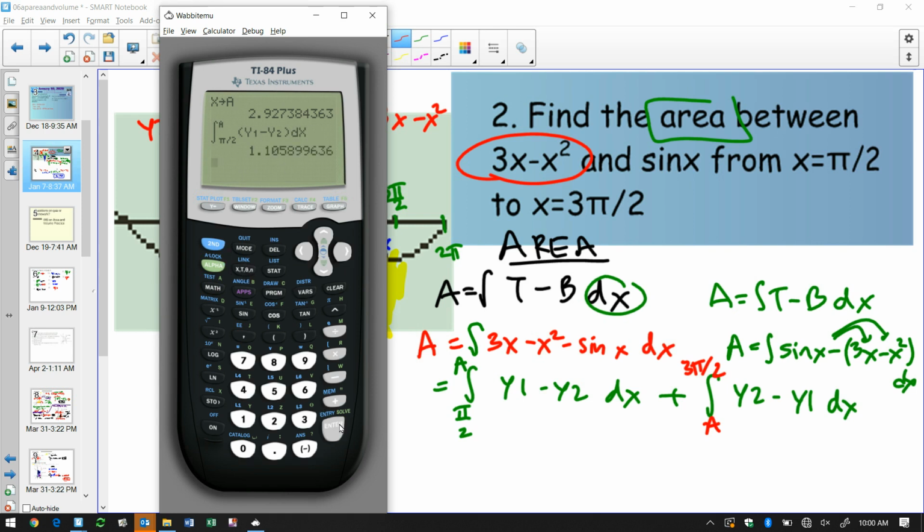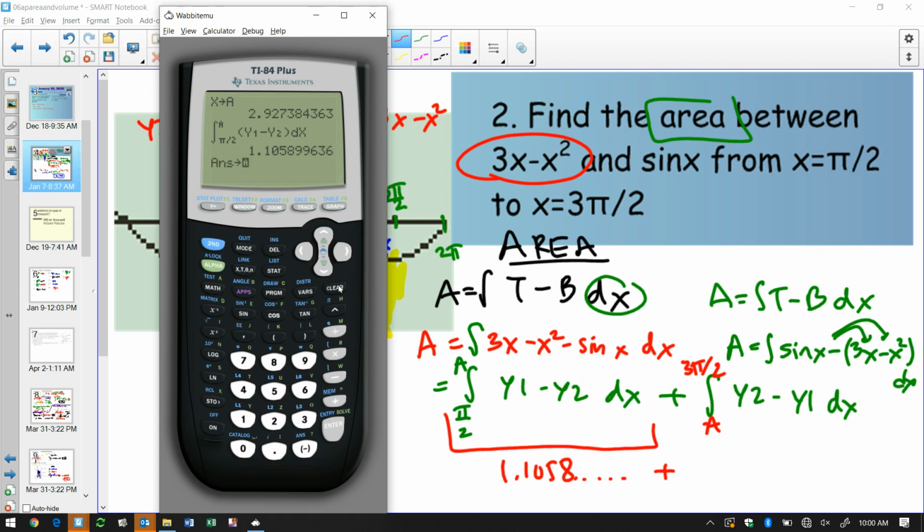Pray, hit enter, and what I get here is this integral, 1.1058, and it goes on. You're not supposed to round yet, although I'll bet you if you put out enough numbers, you'll be okay on this problem. But you're not supposed to round yet. So on principle, I'm just going to stow this as alpha B.